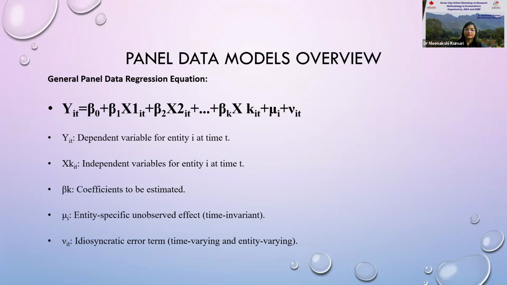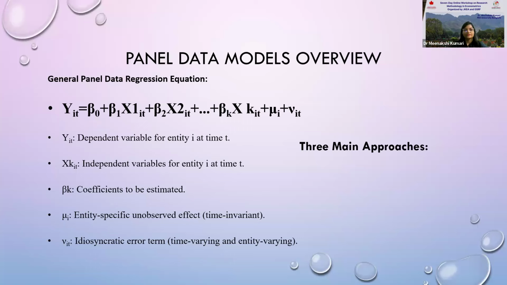And this mu i captures the unobserved heterogeneity. We call it the entity-specific unobserved effect. It is time invariant. Time will not affect it. It's a cross-sectional phenomenon, right? And v it is also an error term, which we call the idiosyncratic error term. It is time varying and entity varying, both. But mu i is time invariant.